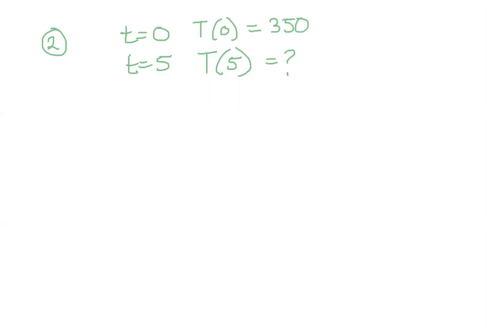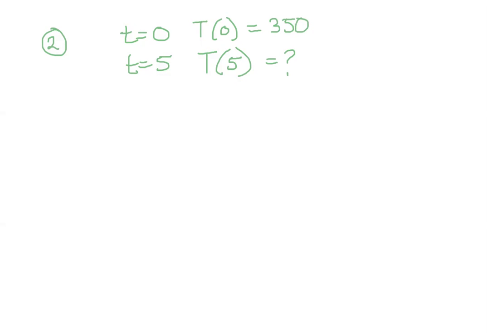Again, we have to see what we know. We know we have time equals 0 and time equals 5. We want to know the temperature at time equals 5. We know the temperature at time equals 0 is 350.